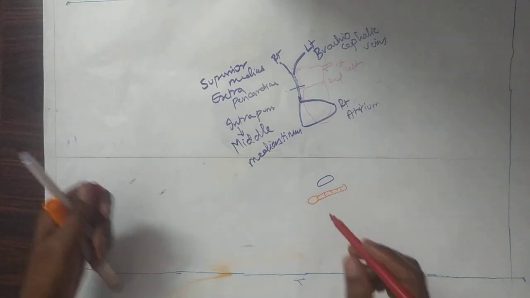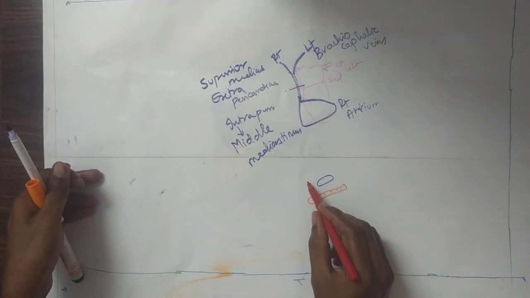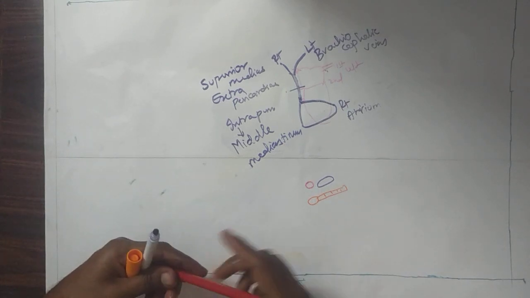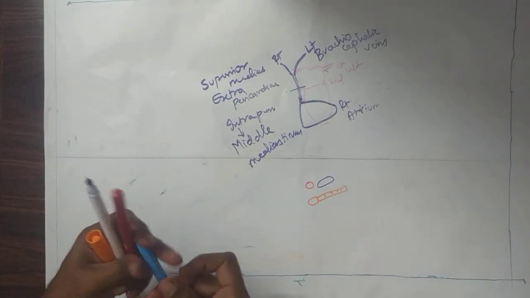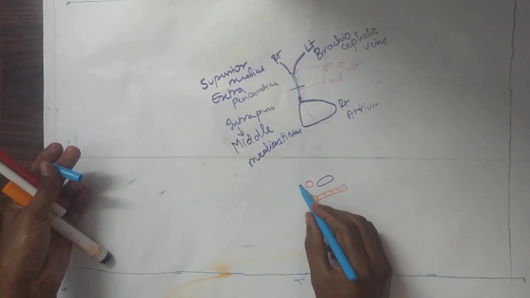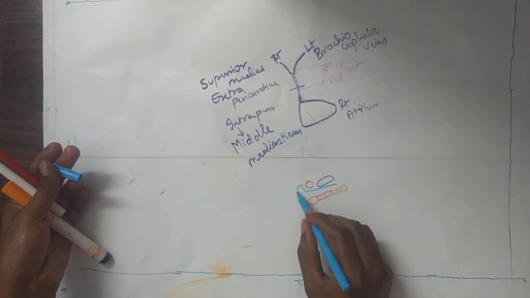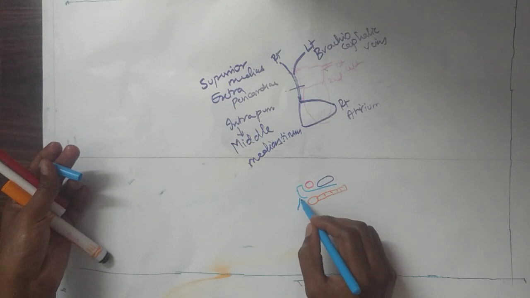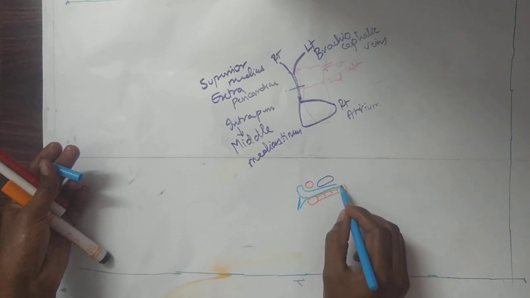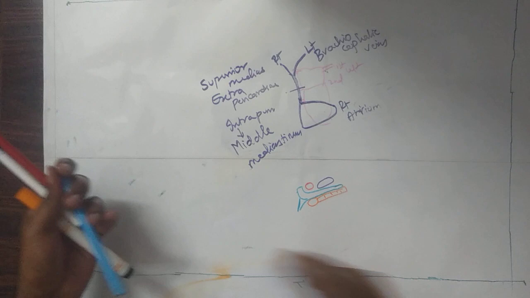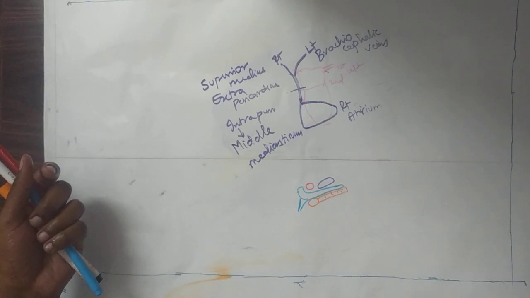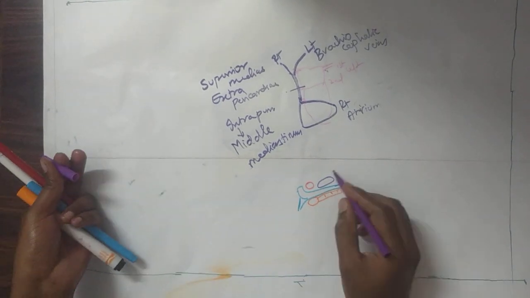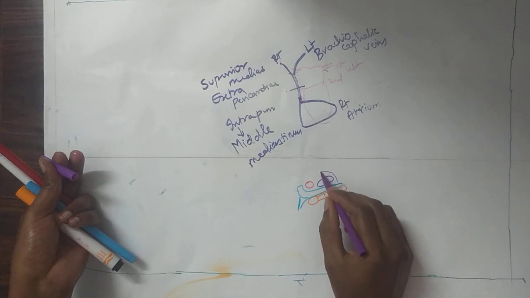Then this is your ascending aorta, pulmonary trunk. From the pulmonary trunk we are having this right pulmonary artery. So what lies on the right of this? This is our right lung covered by the pleura.